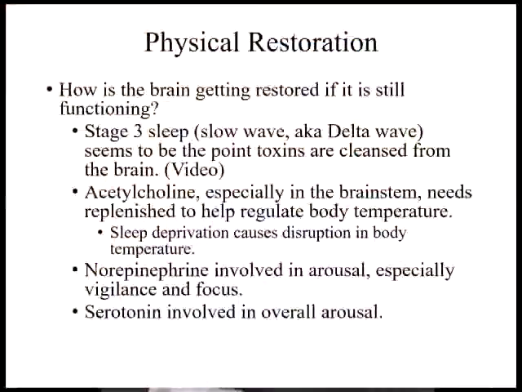So, stage 3 sleep. Remember we mentioned we have 3 stages, 1, 2, 3 that we go down to. 3 is the deepest. There used to be a stage 4 there, but we now blended that into what we call stage 3. So 3 is the deepest slow wave area of sleep. That's where you get what you call the delta waves.